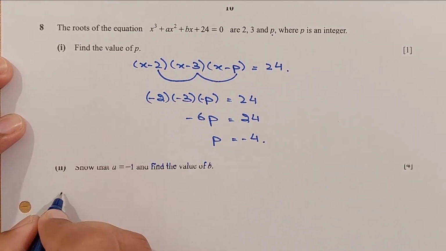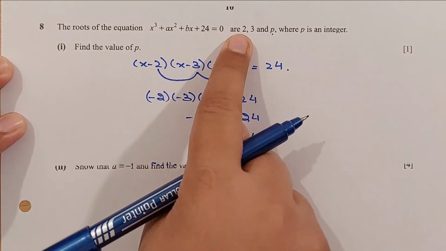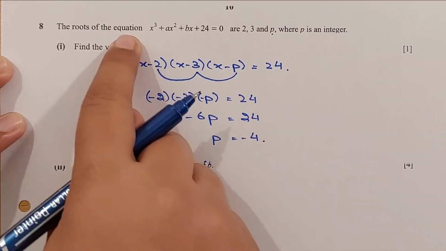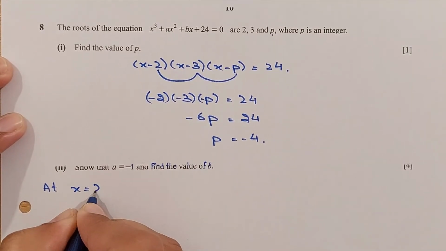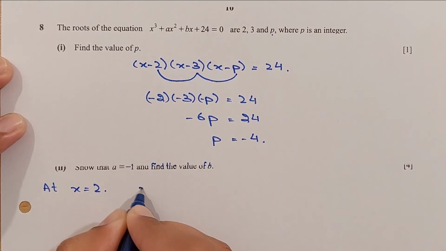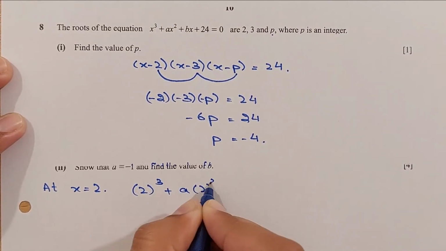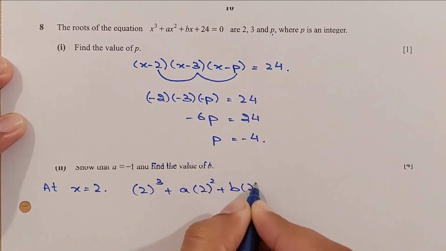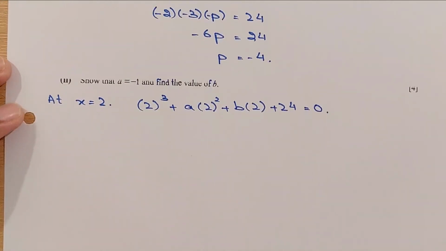Okay, so we have 3 roots, so it means at x equals 2, 3 and minus 4, the equation is 0. We can say at x equals 2, 2 cube plus a times 2 square plus b times 2 plus 24 is equal to 0 because it is a root, right?